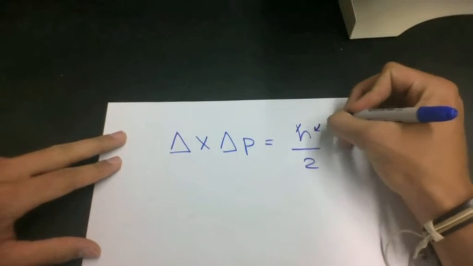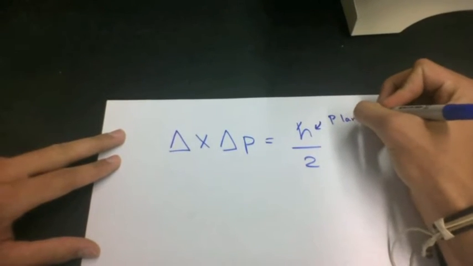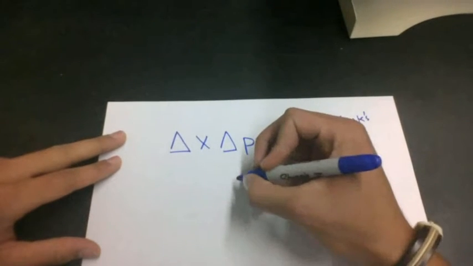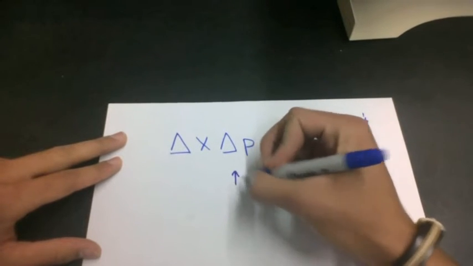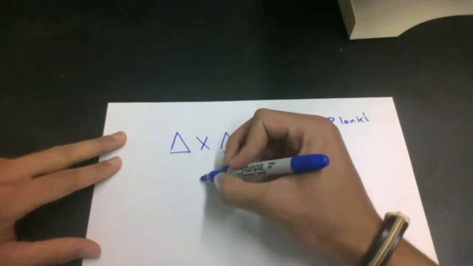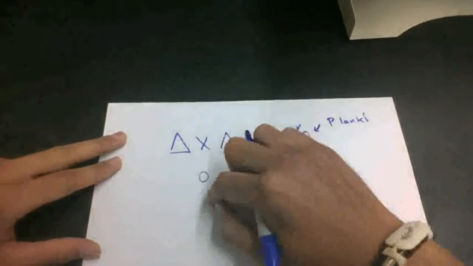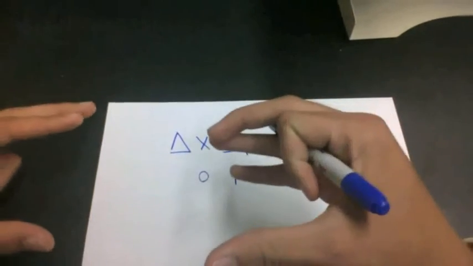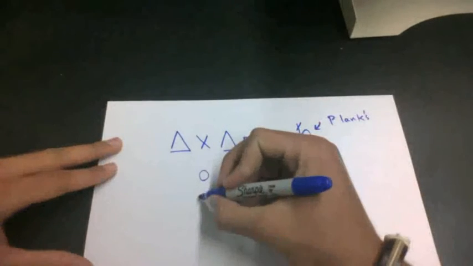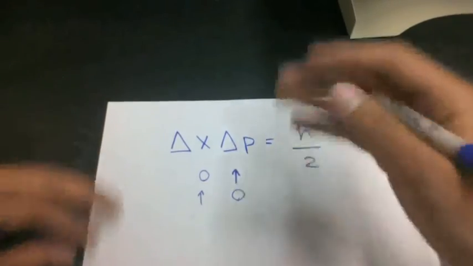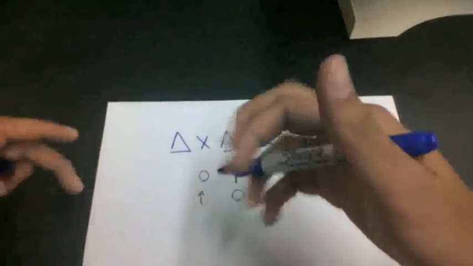This is actually Planck's constant, and because this is a constant, what this means is that if we know its momentum very well, we actually don't really know its position. We can't pin it to one position, and if we know its position very well, we actually don't know its momentum very well. So there's a relationship between these two.